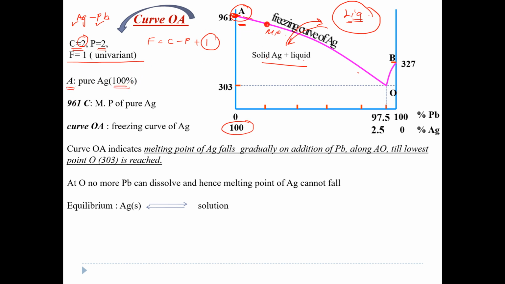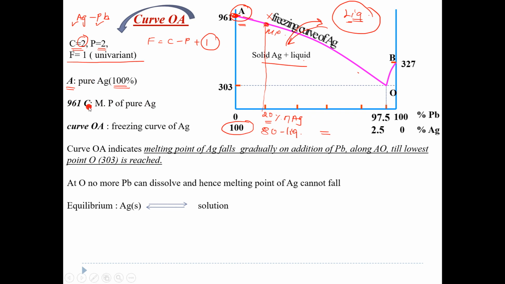Now suppose hypothetically I come to point X. So if I extrapolated it down over here, what do I have? Let's say this is 20. So I have 20% of silver and 80% is the mixture, liquid silver and lead mixture. Okay, this is how we calculate. So once you know the phase diagram, we can find out the composition of a system. That is the use of phase diagram.